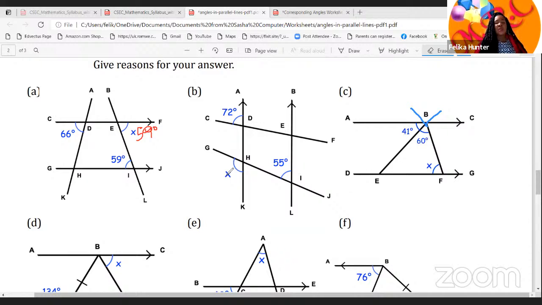And then for X here, let me check this. These are the like ones that are parallel. That means we have to use this. Let me check that one. So this is 125 degrees.